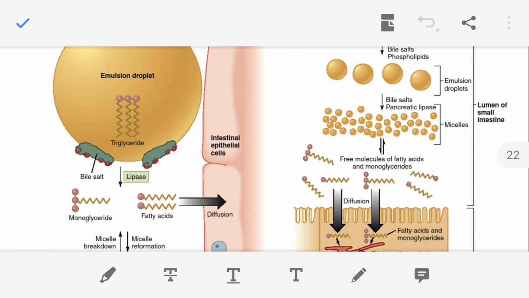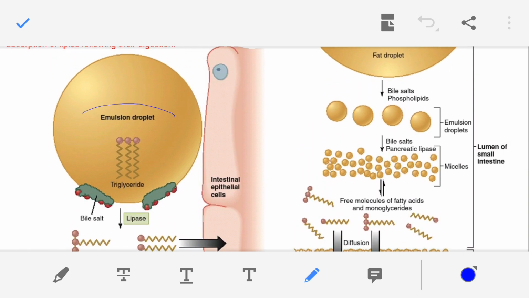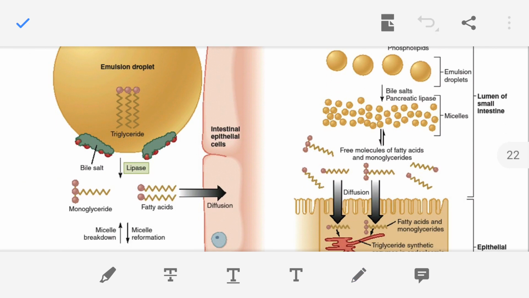Now who is acting on this emulsion droplet? Bile salt and lipase are acting on the emulsion droplet. Then what happens?